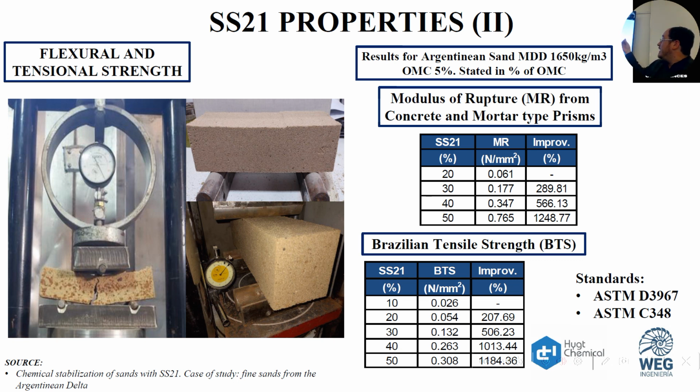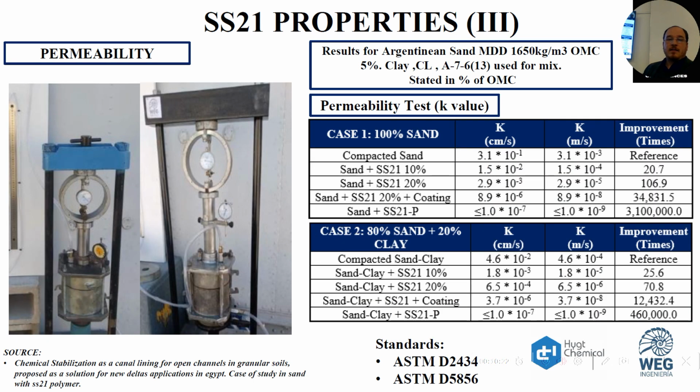So it's a clean sand without fines. Going now to permeability, what we can see is two cases. One is 100% of this sand, and in the other case we did 80% sand and 20% clay, just to simulate a more real condition of soil, because usually the soil has fines.